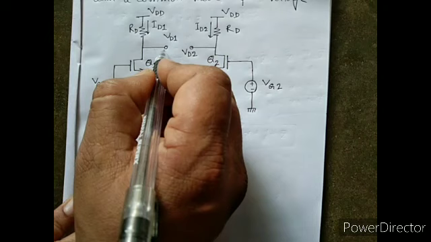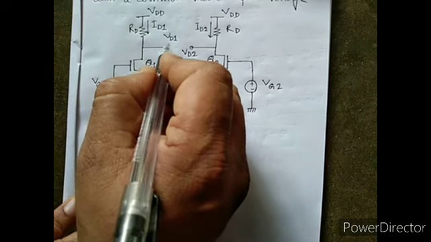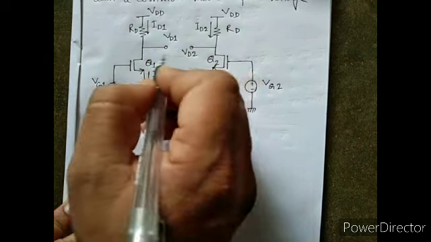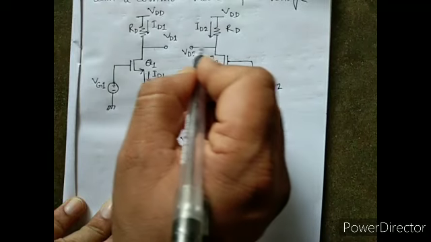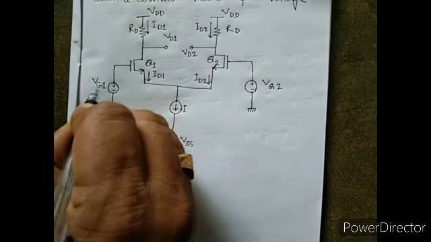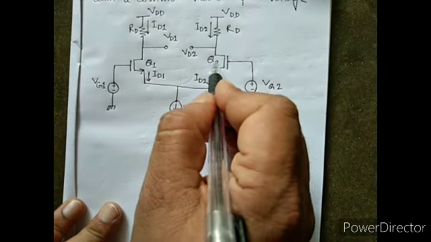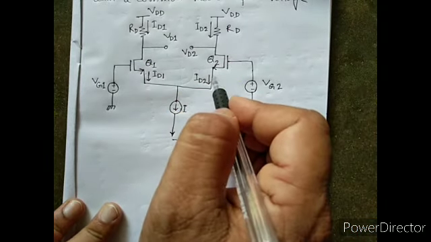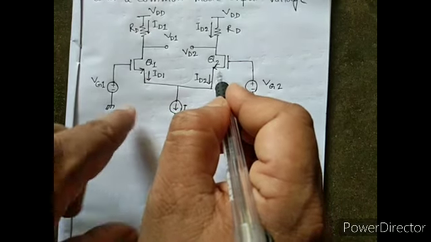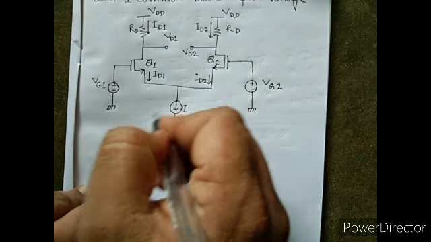VD1 is the output. We are getting the voltage VD1 across here, and drain voltage for Q2 is VD2. Gate potential Vg1 is connected to Q1 and gate potential Vg2 is connected to Q2, NMOS transistors. The sources of Q1 and Q2 are both common and connected to a constant current source I.